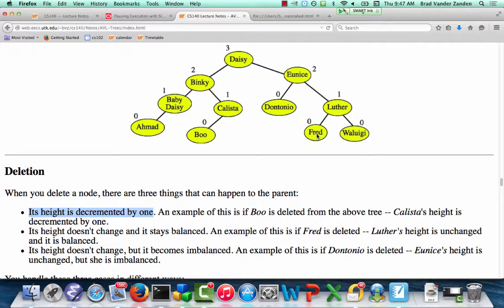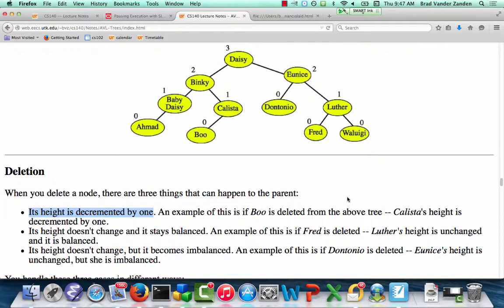And therefore, that's the real nice case, because if the height of the parent doesn't change, then by definition, we still have a balanced AVL tree, because the tree was balanced before the deletion. Since the parent's height didn't change, we must still have a balanced AVL tree. So that's kind of the Goldilocks situation.